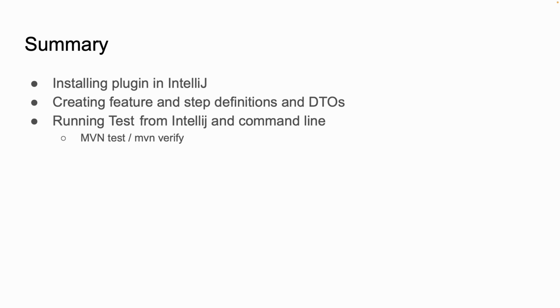And we also learned how to specify step definitions as well as creating DTOs or data transfer objects, so we can pass data from the feature file to the step definition. And last but not least, we also learned how to run the test from IntelliJ using the runner class or by executing some of the MVNW commands.